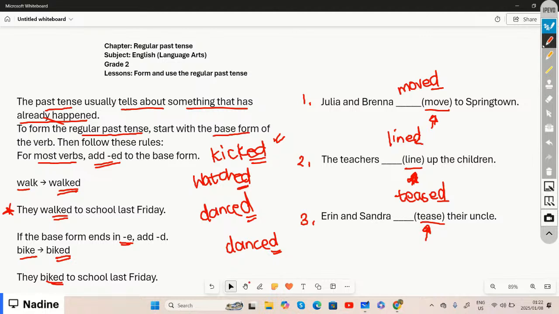And in order for us to form the regular past tense, we need to start with the base form of the word. For example, watch, jump, tease, move, line, kick, dance. That is the base form.